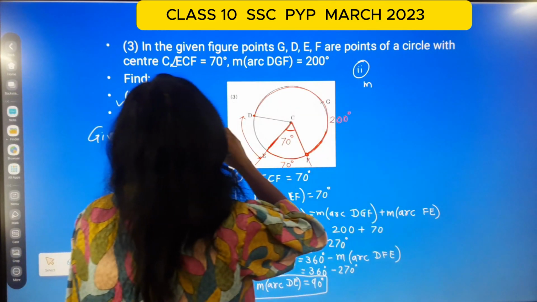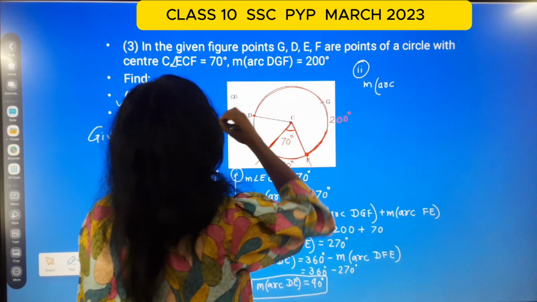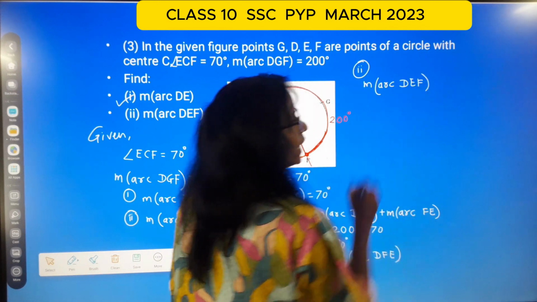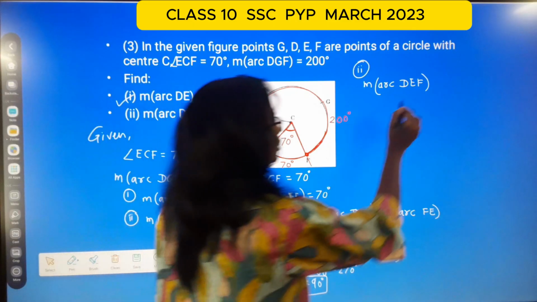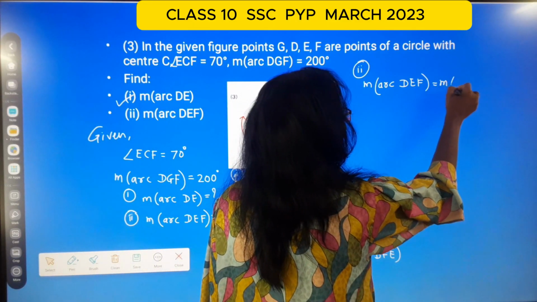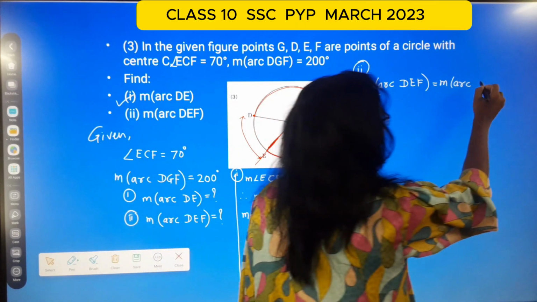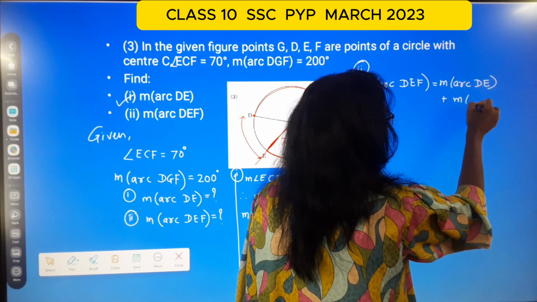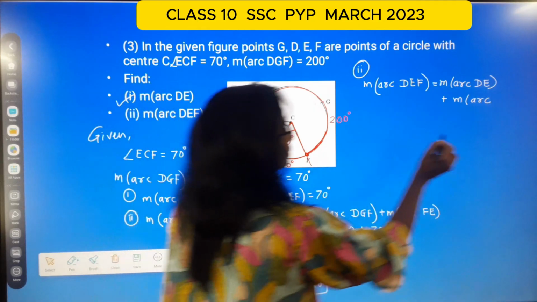So major arc DEF is equal to major arc DE plus major arc EF.